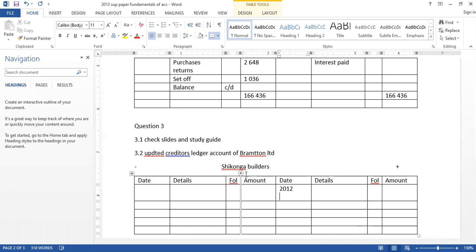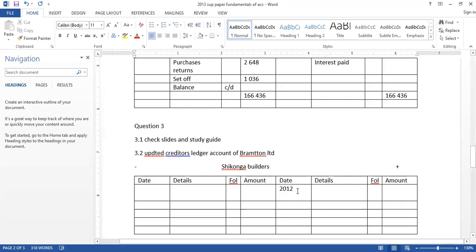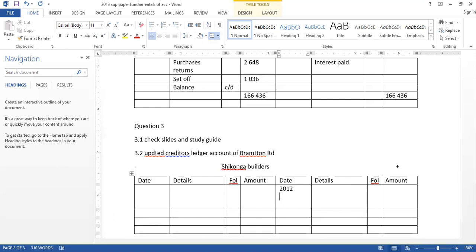They are opened and prepared at the end of the month each and every time, meaning that your balance or your dates from the balance and all other information that you record should be on the last day of the month. So in this case, it will be 2012 September the 30th.